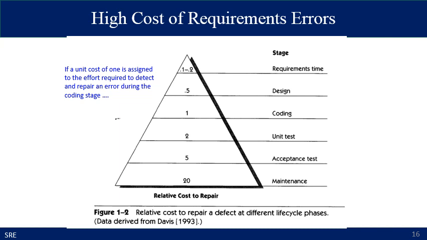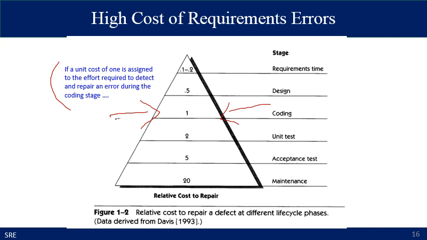So if a unit cost of 1 is assigned to the effort required to detect and repair the error during coding, for example, if you are investing 1 million rupees on your product, recovering one requirement error at the coding stage costs you about 1000 rupees.